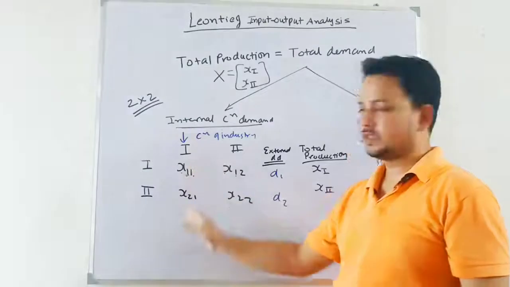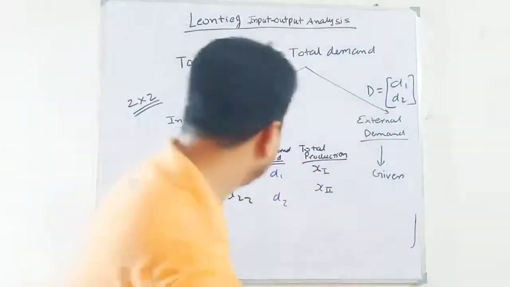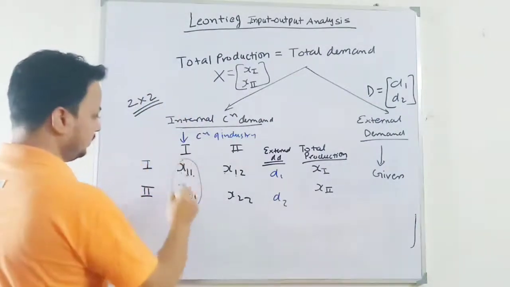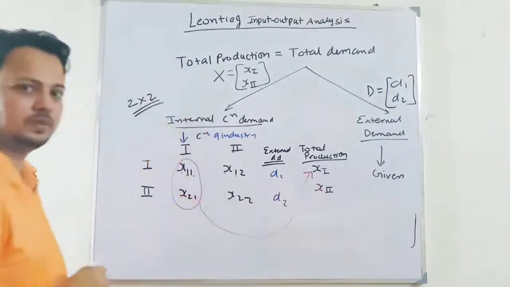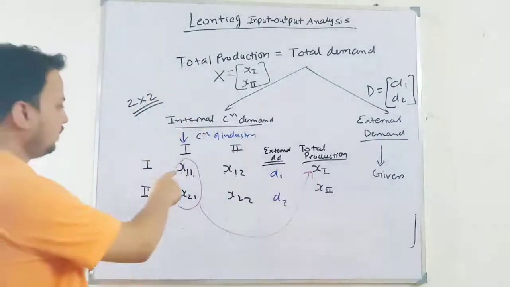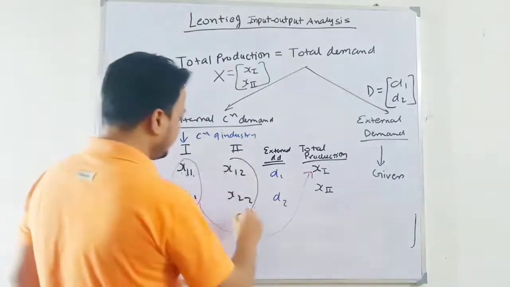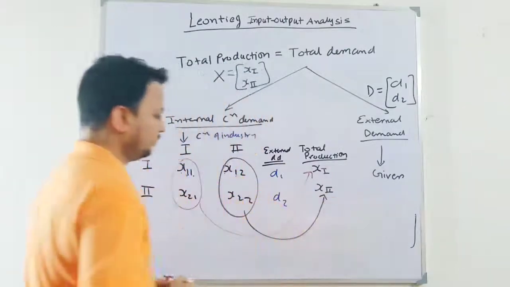This is the consumption of industry 1. Industry 1 is consuming these in order to produce this much output, right? So I need to convert this into per unit terms. Similarly, industry 2 is consuming this much in order to produce this much output.